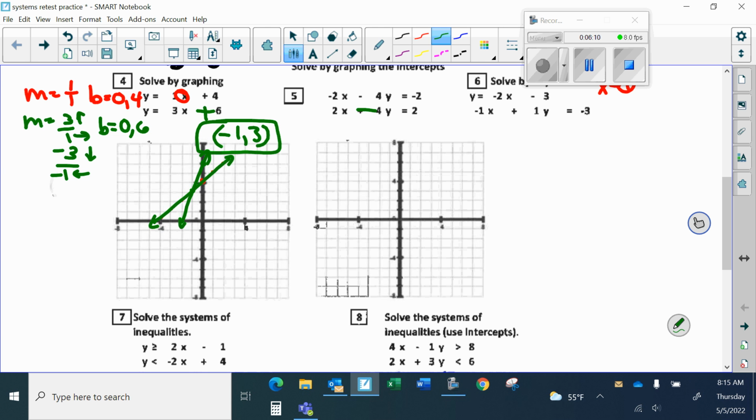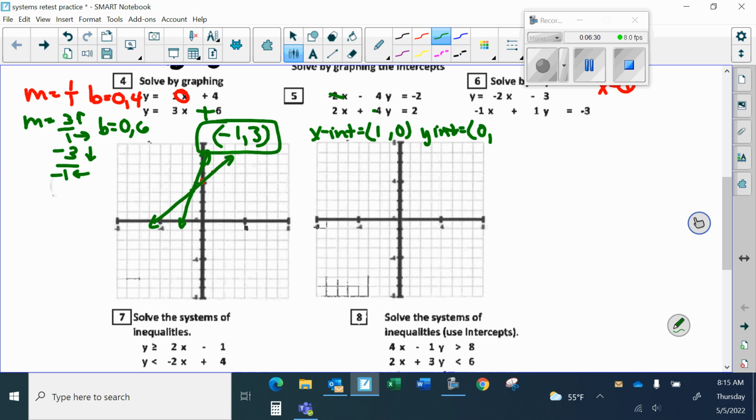Graph by intercepts. So x-intercept. Remember, if I'm solving for the x-intercept, that means I have to solve for x, so that means y has to be 0. So if y is 0, x is 1. Y-intercept, if I'm solving for y, then x has to be 0.